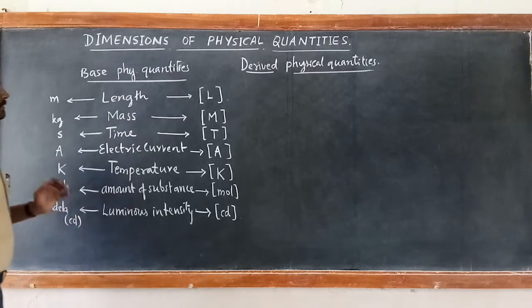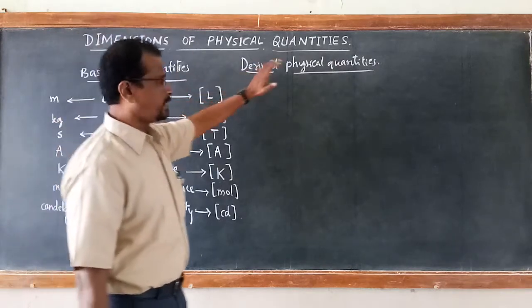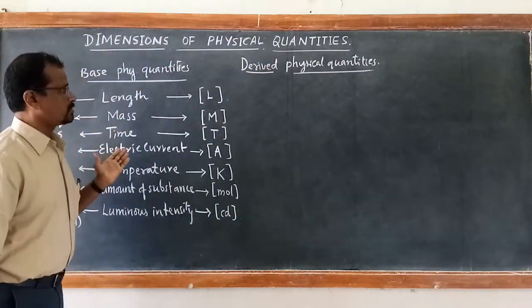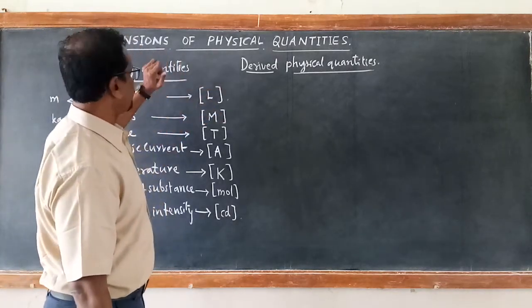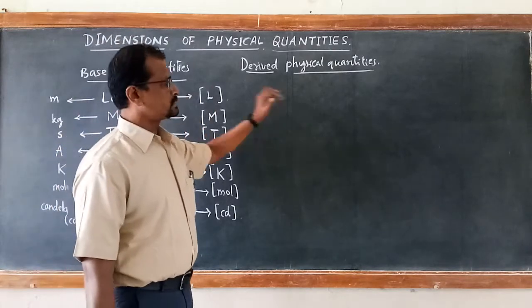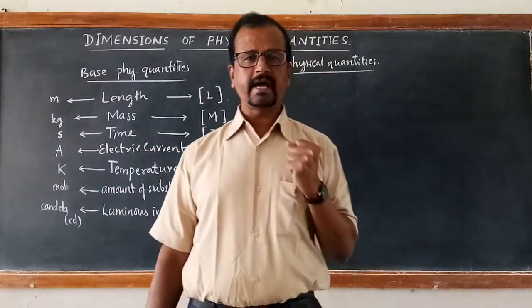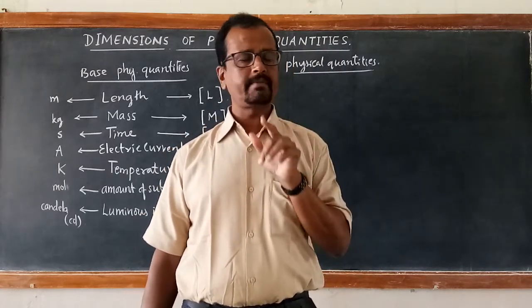So we have already learned this. So expressing any derived physical quantity in terms of these base quantities is what is known as dimension. For example, dimension of breadth is that of length. So it will have square bracket L.